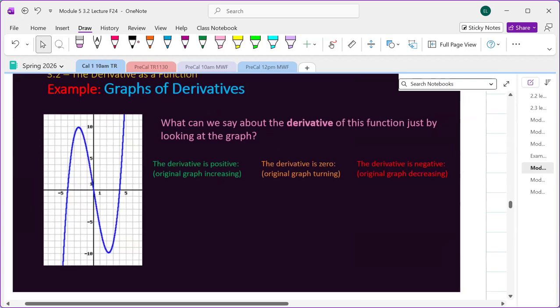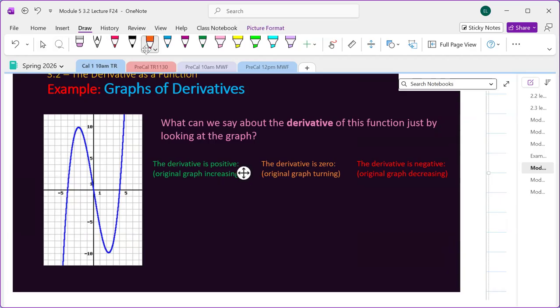All right, so our next graph here. So this is our graph of the function, and they're wanting us to say something about the derivative.